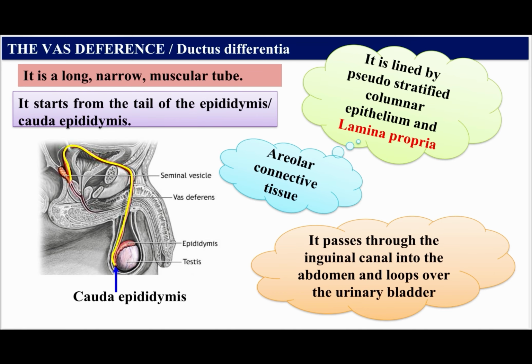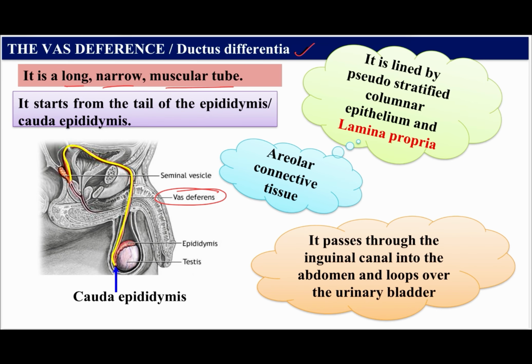Now, after the Vasa Efferentia, the next part is the Vas Deferens or Ductus Deferens. See, this is the Vas Deferens, this yellow color. It is a long, narrow muscular tube.